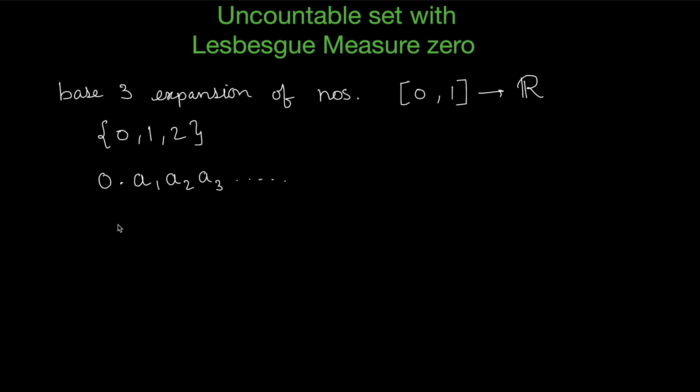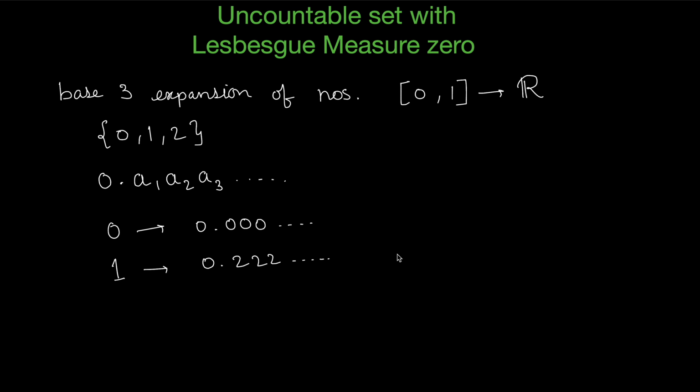So the number 0 in base 10, or the number system we use, corresponds to 0.000 and so on in base 3, right? And the number 1 would correspond to 0.222 up to infinity.